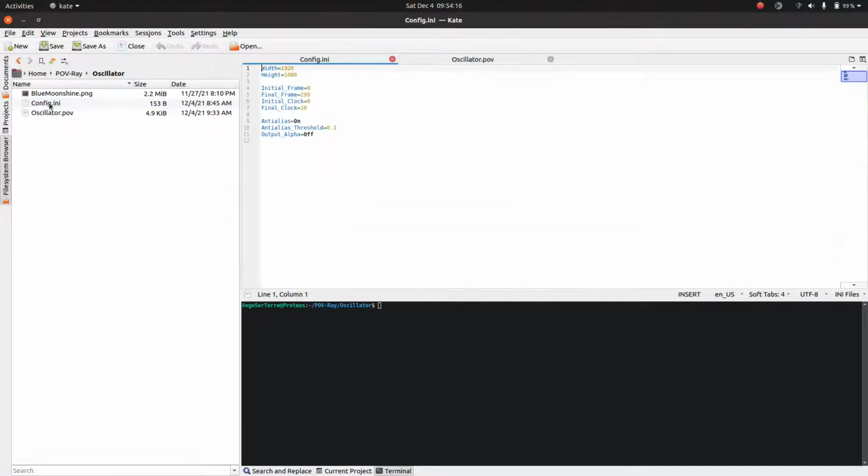And this is specified in the config ini file. I want 30 pictures per second. So I have here 300 pictures from 0 to 299, and my clock will run from 0 to 10.